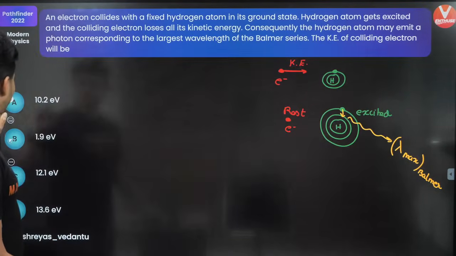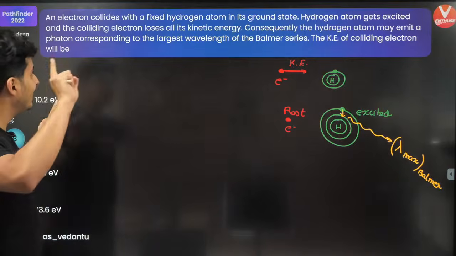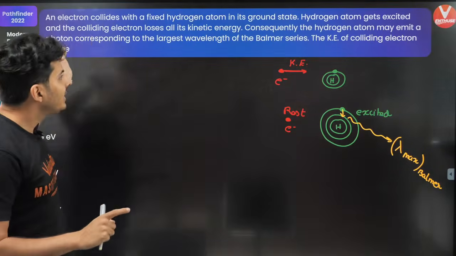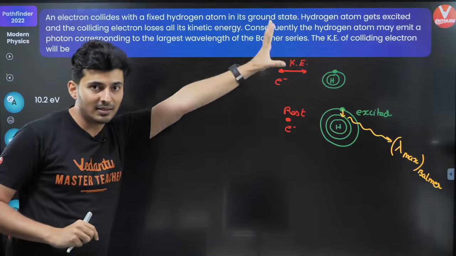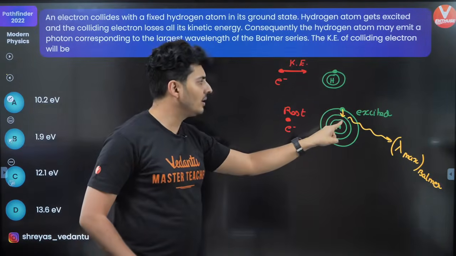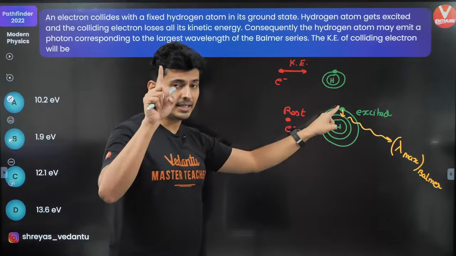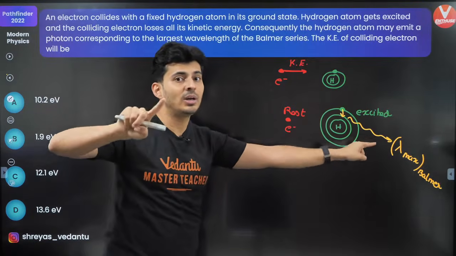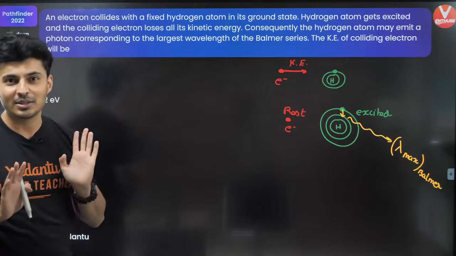Okay, moving ahead. Now, once you understand it till here, let's try to frame an equation because this is the visualized scenario. Kinetic energy gets transferred to the electron to excite it, and that same energy goes into the energy of the photon. That's what you understood.